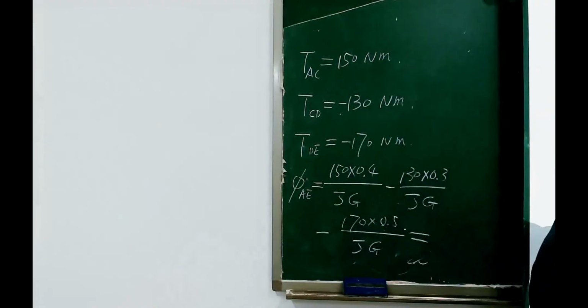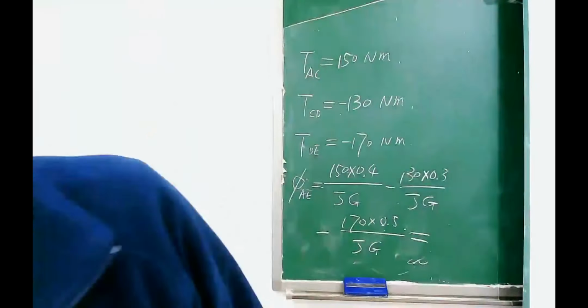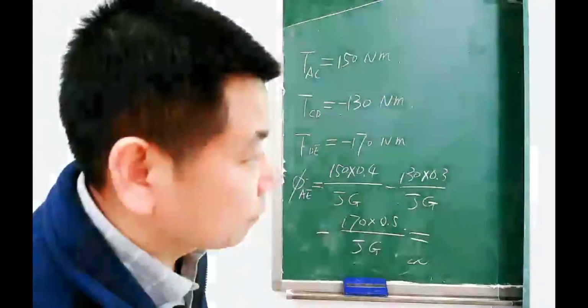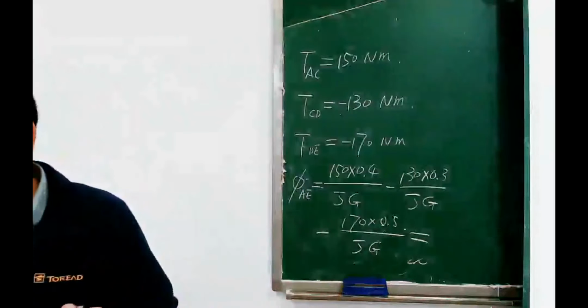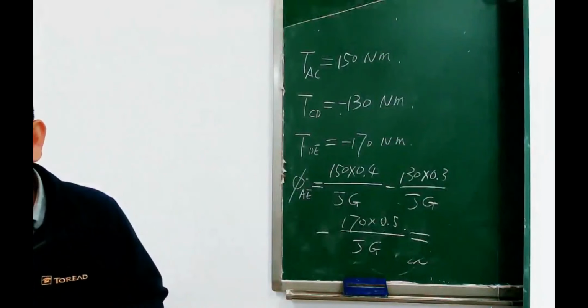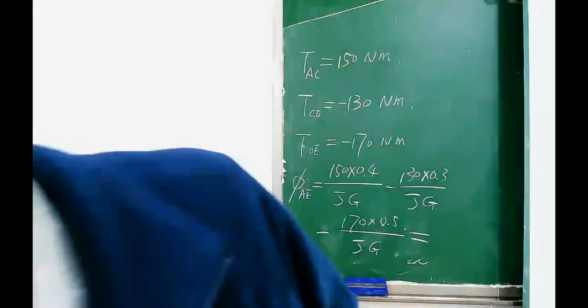J is here. G is here. Okay, 1570. I just tell you how to find it. How much is GG?